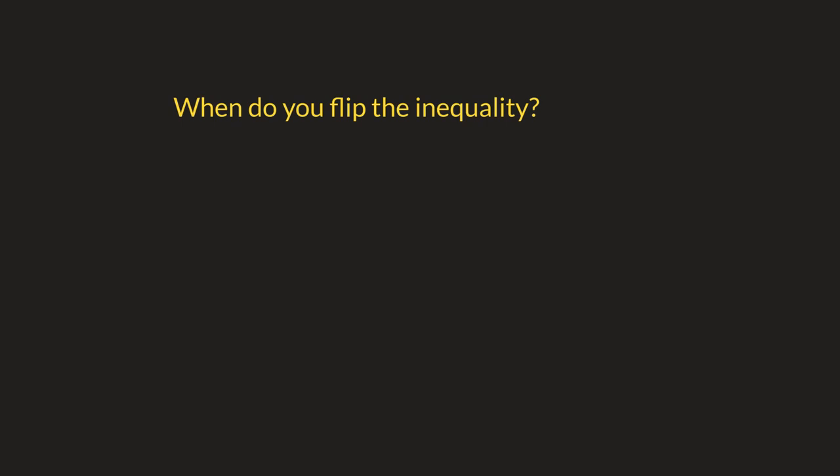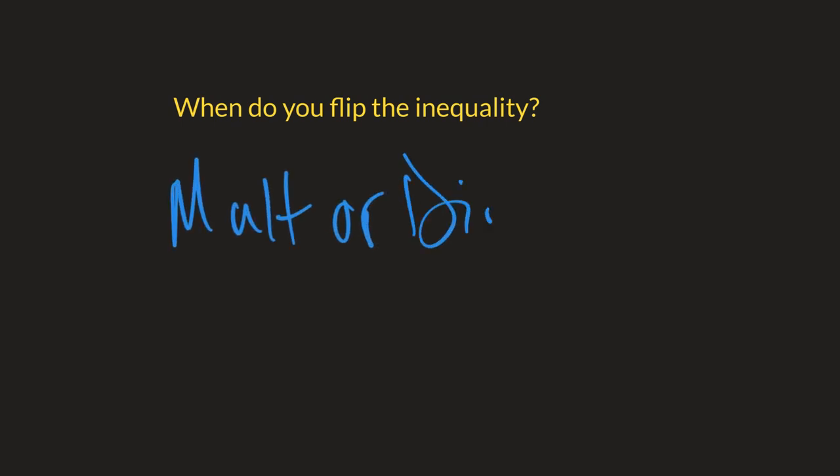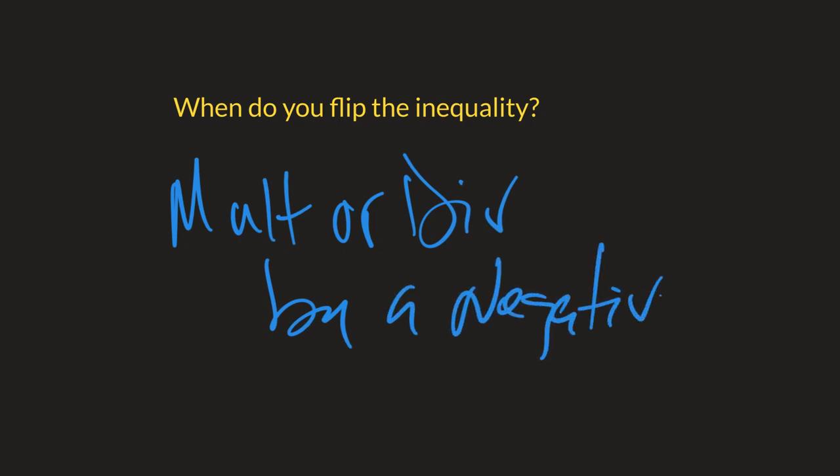Well, here it is. If you multiply or divide by a negative, if you multiply or divide by a negative at any time, that's the one thing that you need to be able to keep up with throughout the inequality solving process.